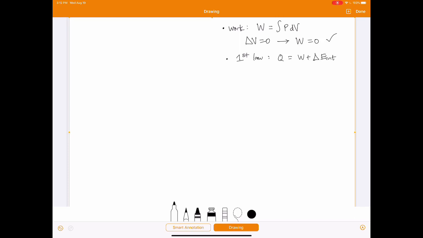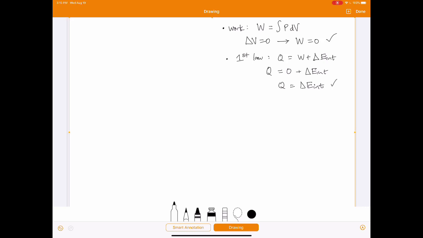That's the first law of thermodynamics applied to an ideal gas. And since we have 0 work, plug in 0 for W, Q is equal to 0 plus delta E internal, i.e., whatever heat gets added to the gas just contributes to the internal energy of the gas. In other words, any heat that gets added increases the internal energy of the gas. Any heat that gets taken away, it decreases the internal energy of the gas. That's what this is telling you.